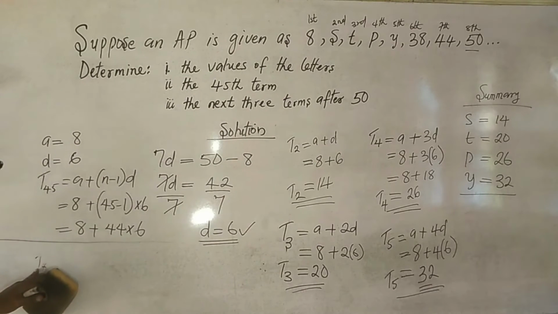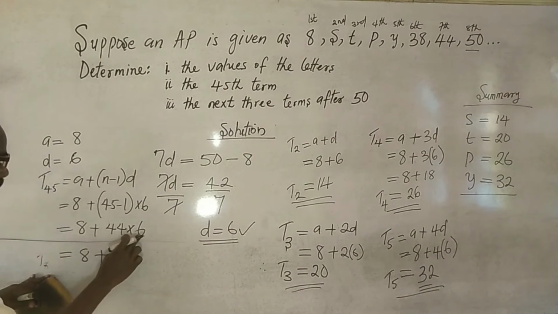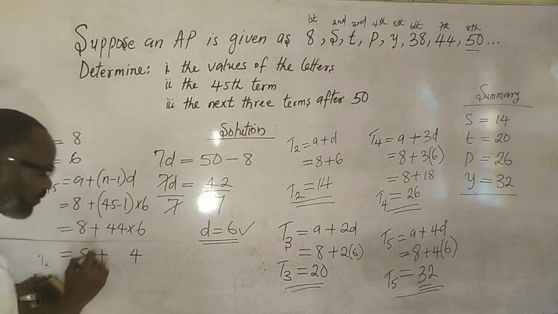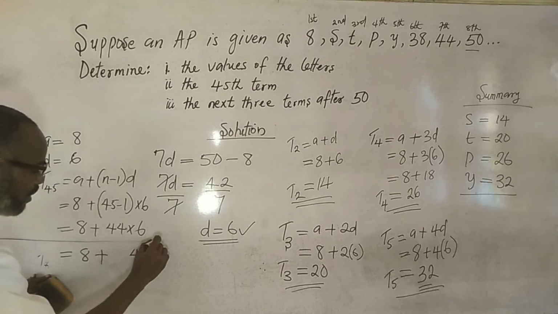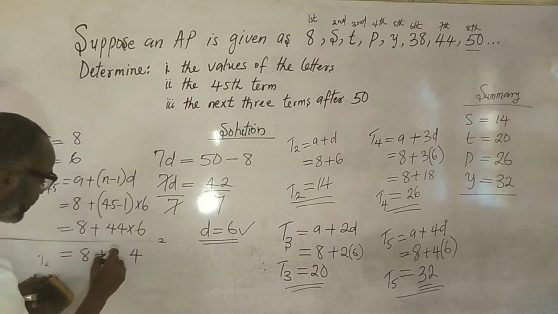Alright? So we multiply out. 6 times 4 is 24, right? 4, carry 2. 6 times 4 again is 24 plus 2, 26.